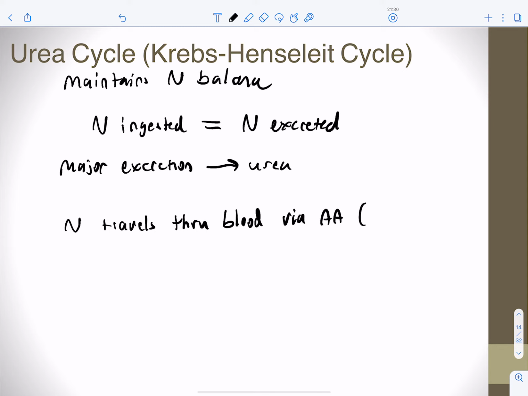And you can see that your fumarate is made. So your fumarate can form malate, and fumarate can also form oxaloacetate. So this looks like an OR.